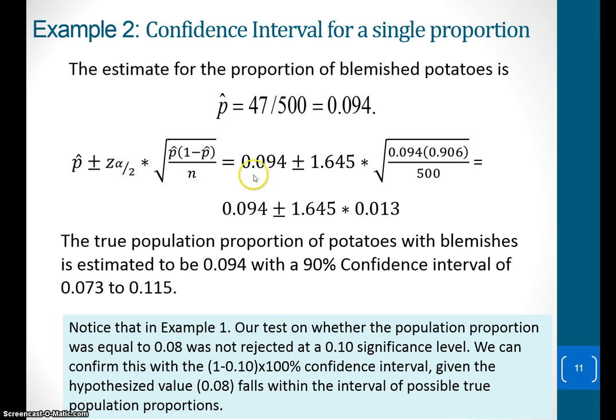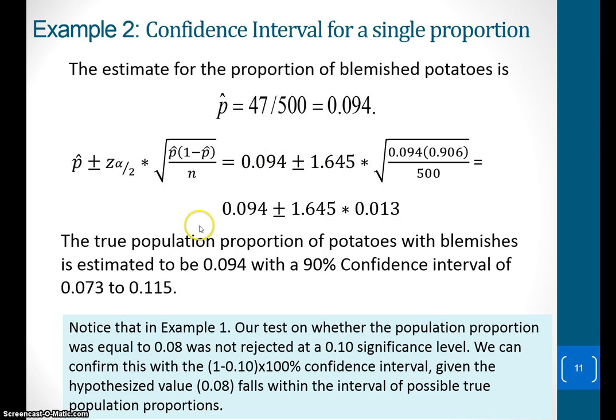So 0.094 plus or minus my critical value, z alpha over 2, which I got from the z table, times the square root of 0.094 times 0.906, the complement, 1 minus p hat, all divided by the sample size of 500. So this is my standard error, this is my critical value, and this is my estimate.